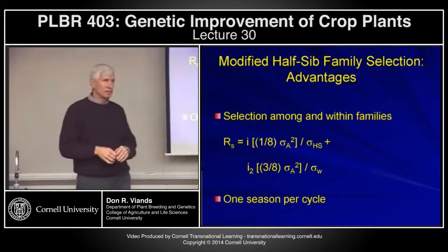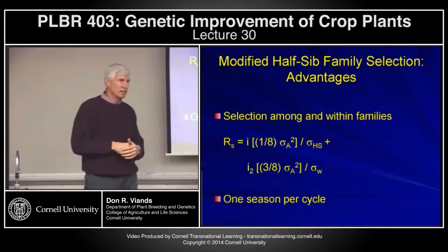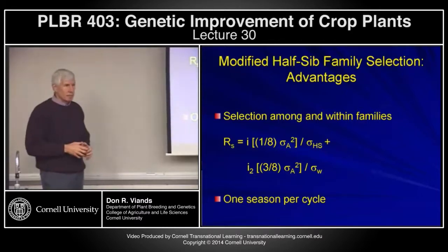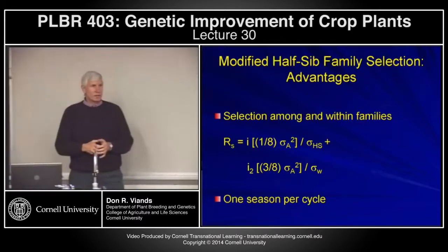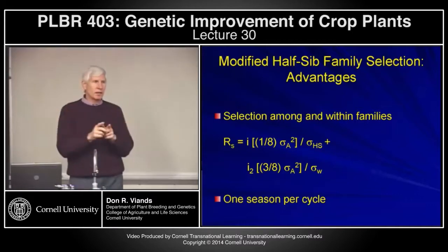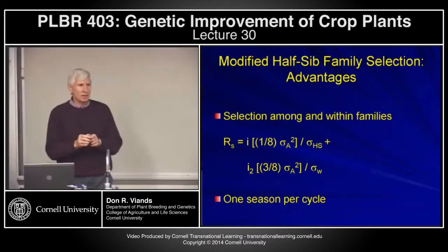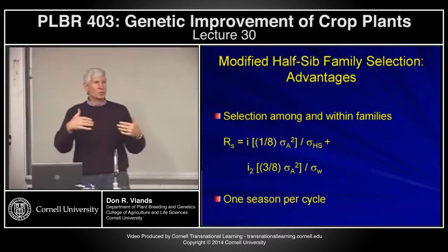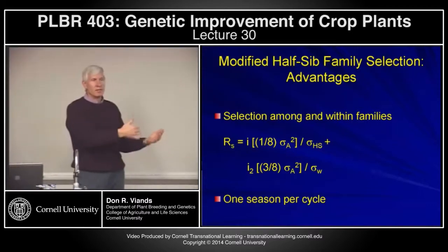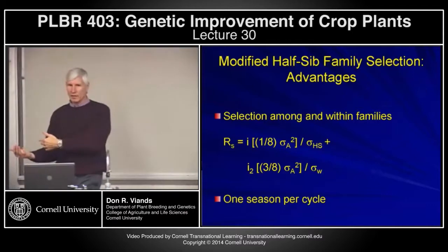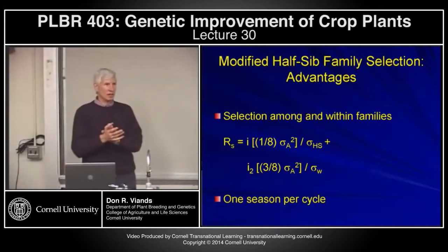Yes? Can't you grow the crossing block in the winter greenhouse or the winter area? Yep, you could do that if all you're interested in is just cross-pollination, but since you're doing mass selection, and if it's a trait like yield, you don't want to do that in a greenhouse or in a winter nursery because what you select as being superior in yield there in Florida or Puerto Rico or Hawaii is not going to be the same as yield up here in New York State.